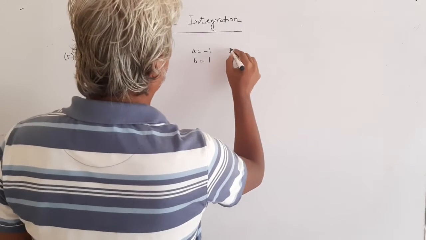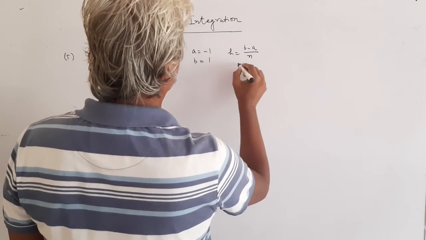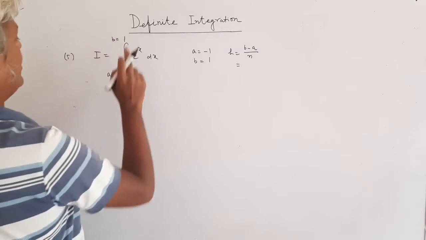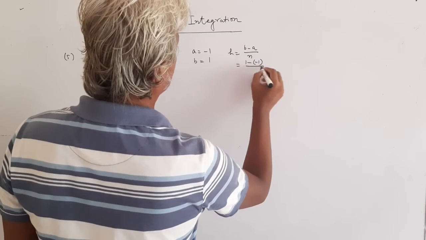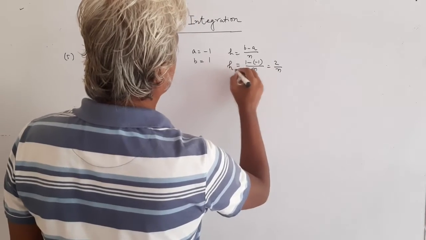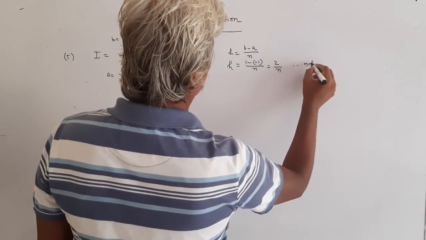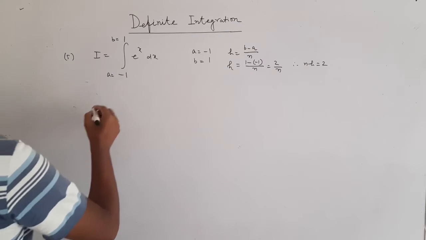Now we have h is b minus a over n, that is 1 minus minus 1 over n, that is 2 over n, and this is h, meaning nh equals 2. Then we write the formula.